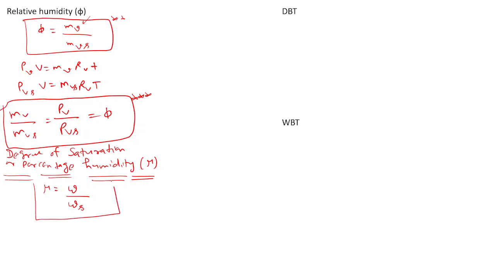Okay. But just now I will show that both relative humidity and this are the same. So when we open this formula, because we know the formula of specific humidity, right? Yes, sir. So if you know the formula for them, then 0.622 will cancel out from each numerator and denominator.